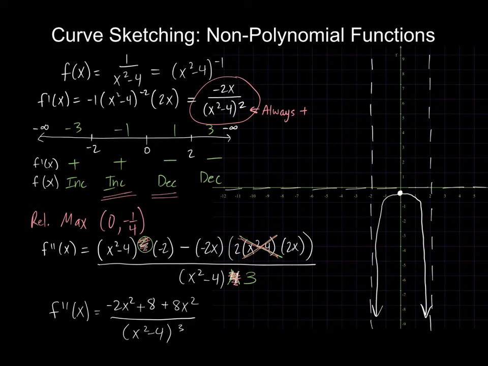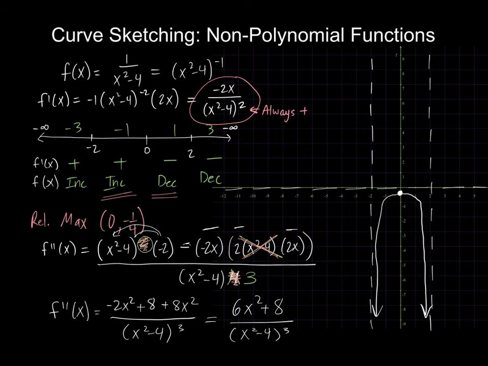That green 3 is a cubed. So then to get to this next line, I distributed the negative 2 backwards, and then over here I just needed to multiply negative 2x times 2x, and that negative sign gave me a plus 8x squared. So overall I get 6x squared plus 8 over x squared minus 4 quantity cubed.